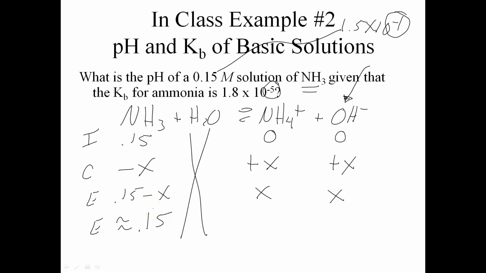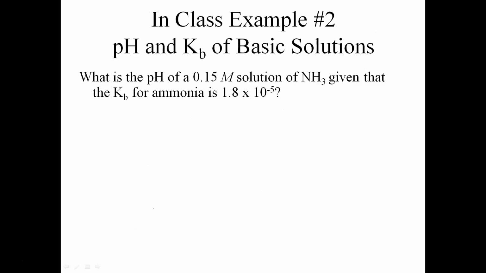Just like the last problem, we're going to use this information to solve for our hydroxide concentration and pop it into our Kb expression. It's really important to know that the Ka is for acids and the Kb is for bases. You can't interchange them, so keep that in mind as you're solving these.